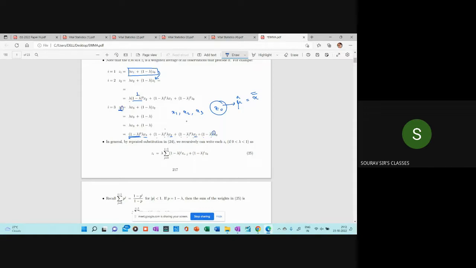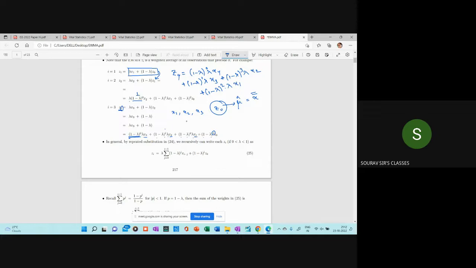Okay, so basically if we write z4, that is going to be (1 minus lambda) to the power 0 into lambda into x4, plus (1 minus lambda) to the power 1 into lambda into x3, plus (1 minus lambda) whole cube into lambda into x2, plus (1 minus lambda) whole square into lambda into x1.